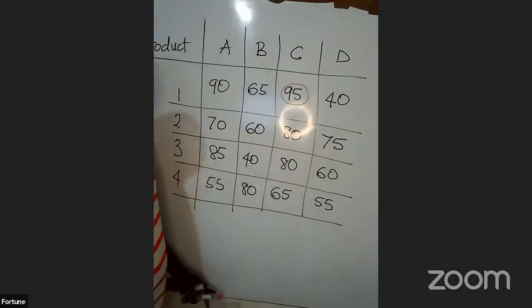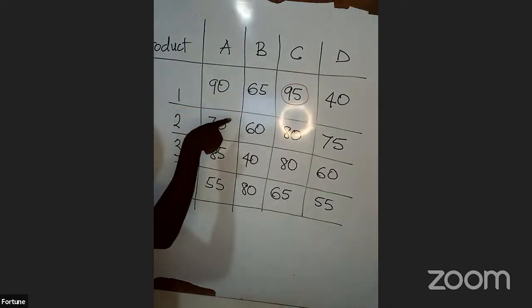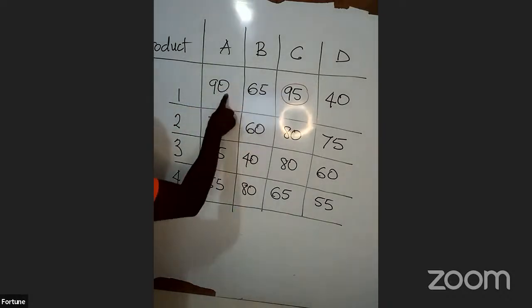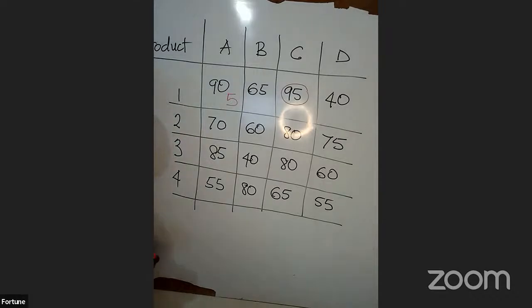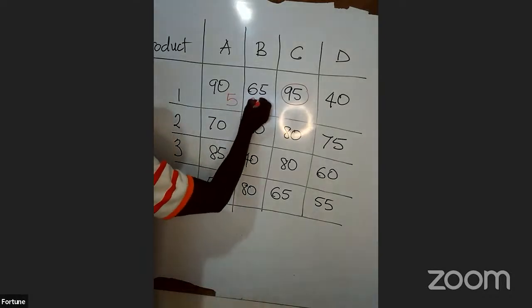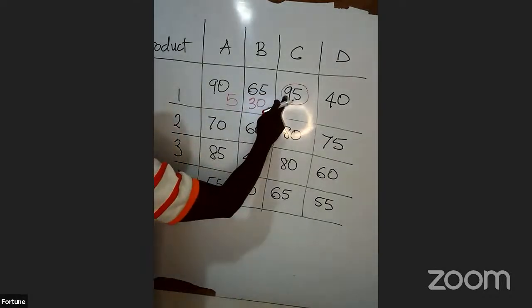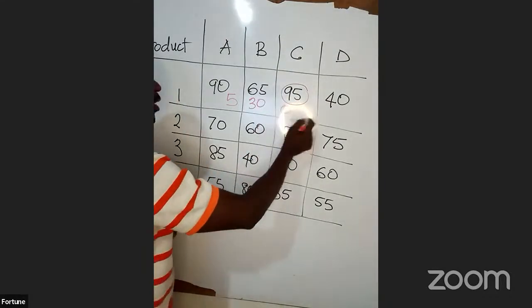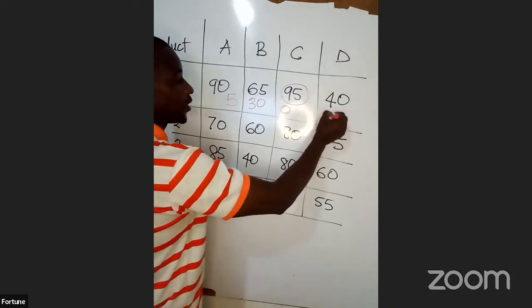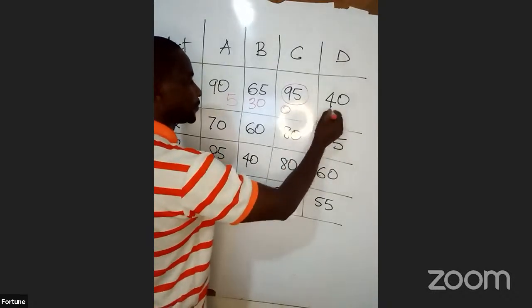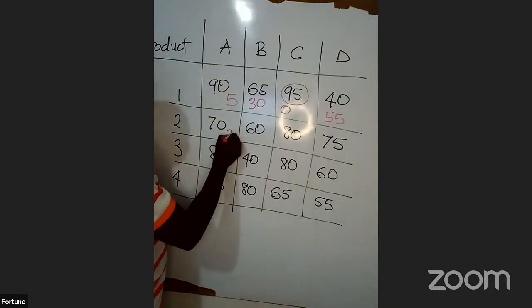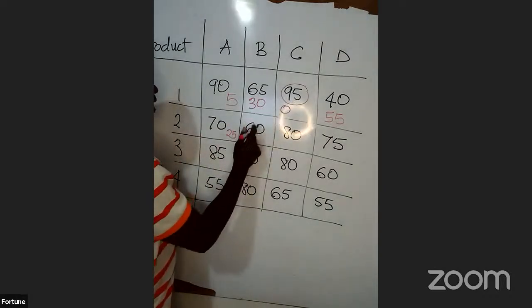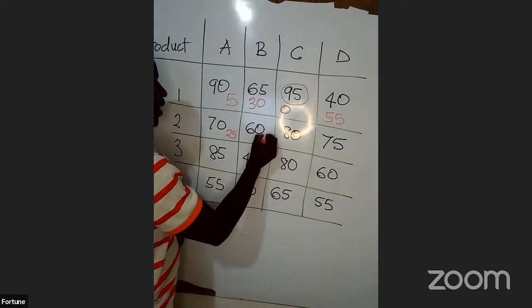So let's subtract quickly. 95 minus 90 is 5. 95 minus 65 is 30. 95 minus 95 is 0. 95 minus 40 is 55. 95 minus 70 is 25. 95 minus 60 is 35.